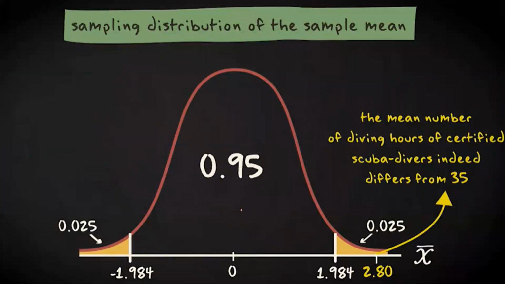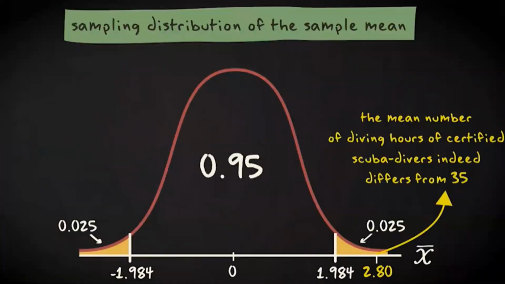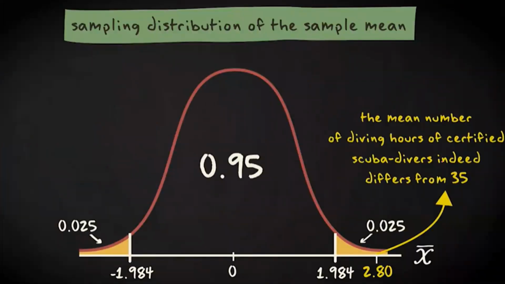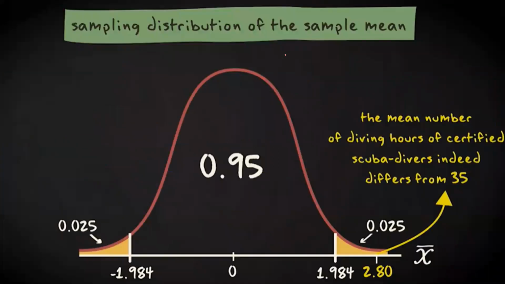And 2.80 lies within the rejection region, so we can say that the mean number of driving hours of certified scuba divers indeed differs from 35, because we reject our null hypothesis. That is, we conclude that the mean differs from 35, so we are in favor of the alternative hypothesis.